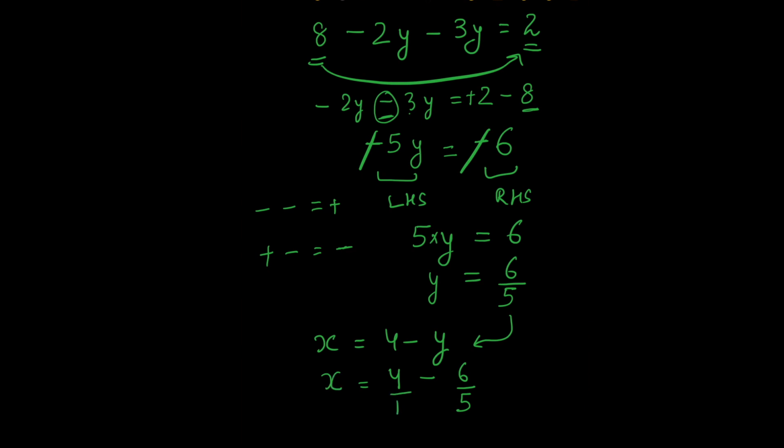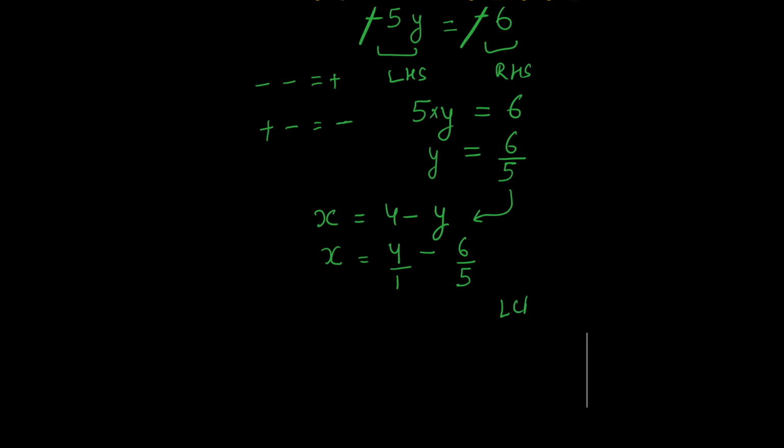And as we already studied, you have to take the lowest common multiple for 1 and 5, and you get 5. And therefore, this denominator divides. So when you divide, you get 5, and you will multiply by the numerator. This negative sign will come back here.